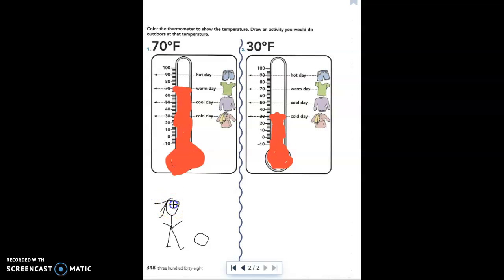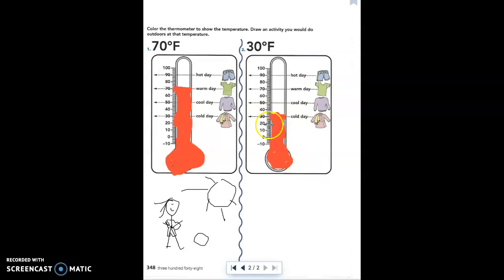And I'm having the time of my life because it's 70 degrees and the sun is shining and it is perfect. And because I'm playing and running, I might want to wear shorts when it's 70 degrees out. I think I'd be plenty warm in a pair of shorts and a nice t-shirt, right? So draw a picture of something you would do when it's 70 degrees outside.